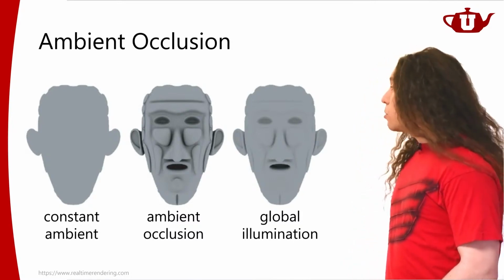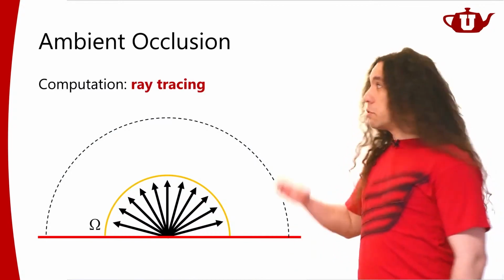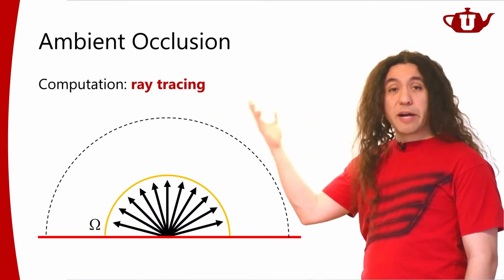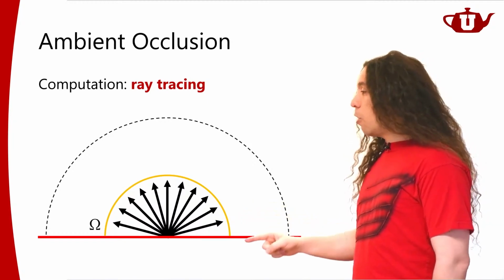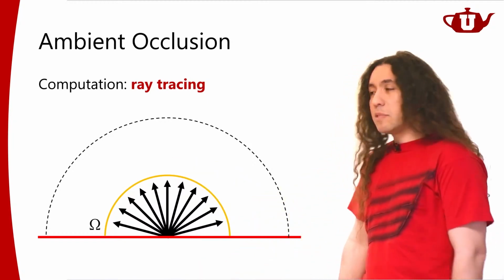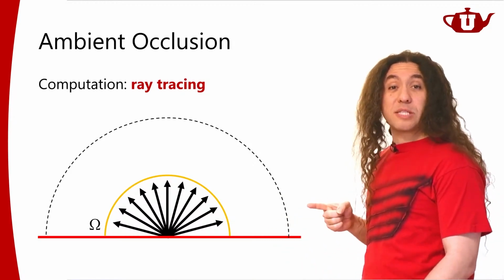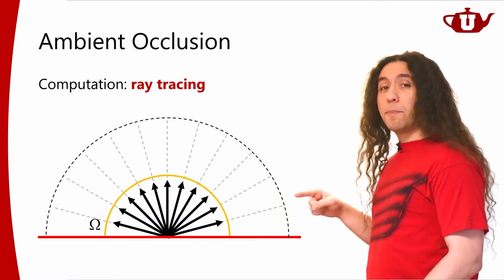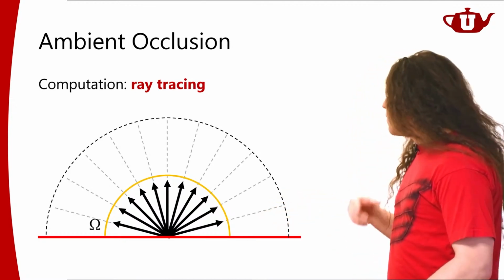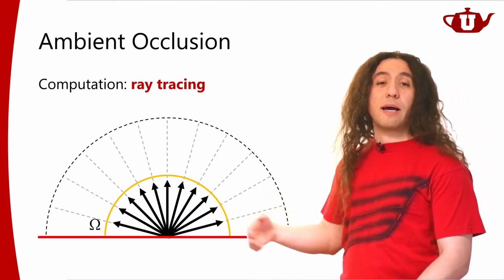So how are we going to compute ambient occlusion though? Well, we can compute it using ray tracing. Very easy. With ray tracing, I'm going to look at all directions over the hemisphere and see if they are occluded, up to a particular distance, right? So I'm going to trace all of these rays up to a particular distance, and if they're occluded, I'm going to say that direction is occluded. If they're not occluded, then I'm going to say they're not occluded.